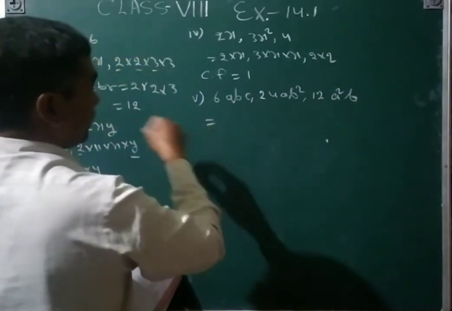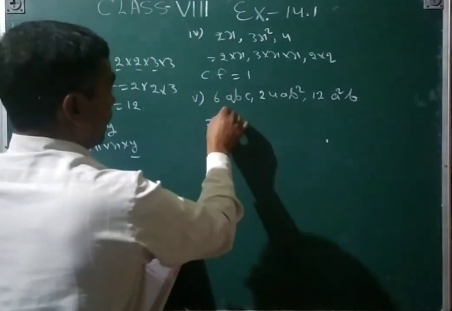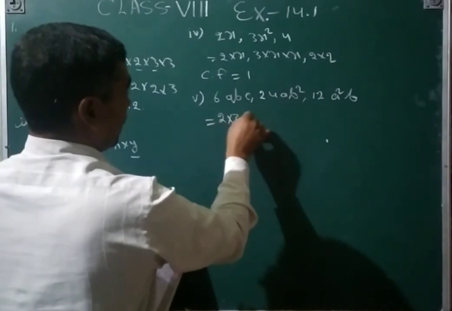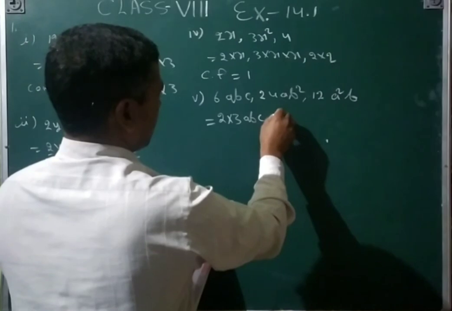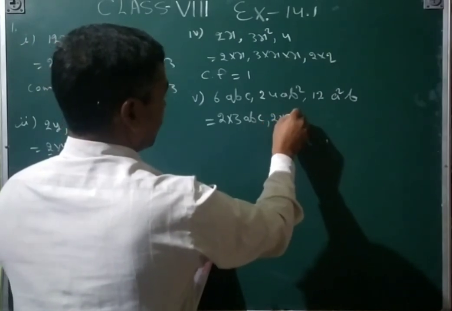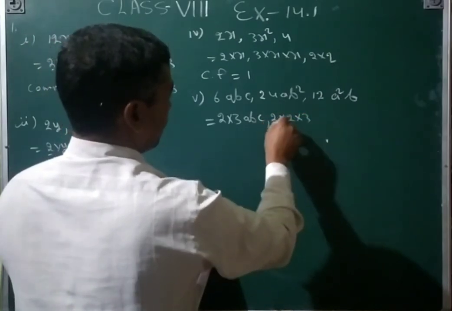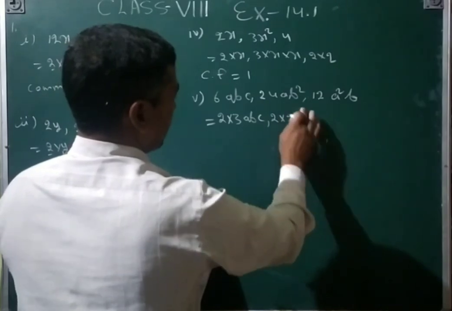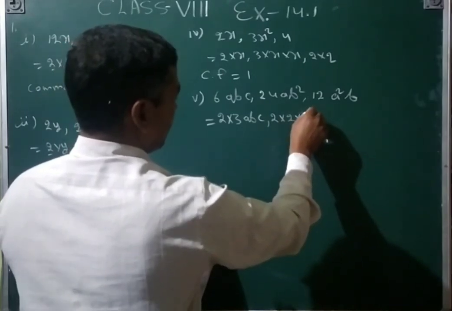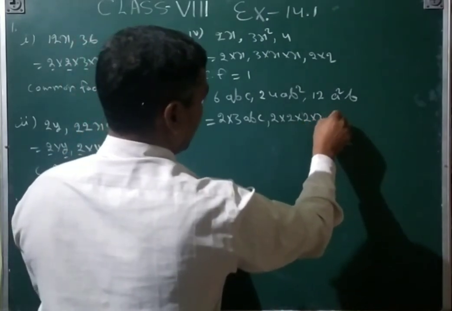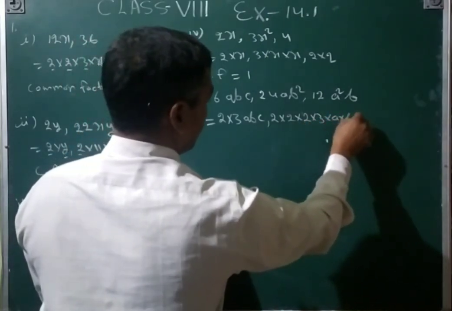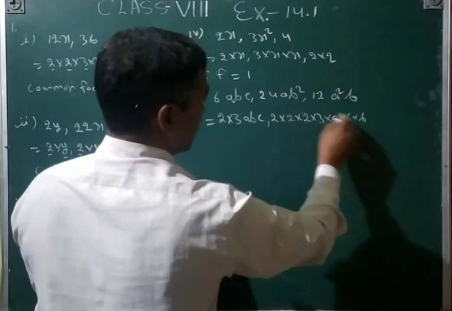So 6abc is 2 into 3abc, 12 is 2 into 3 into a into b, and 24 is 2 into 3 into a into b, because b has 2 times.